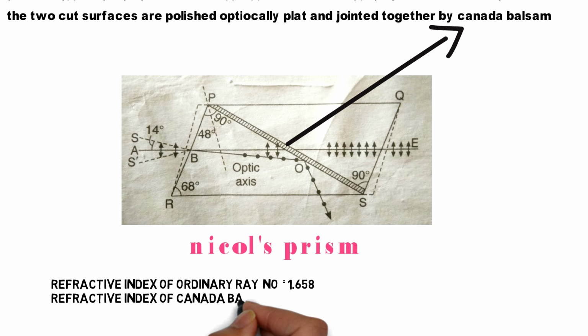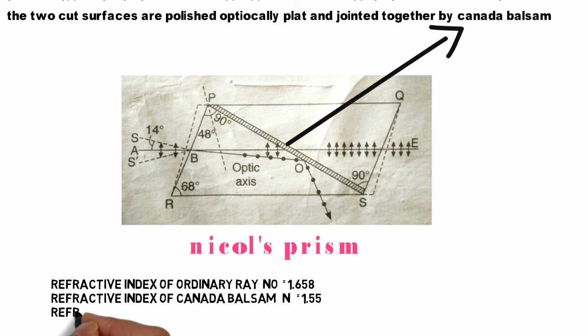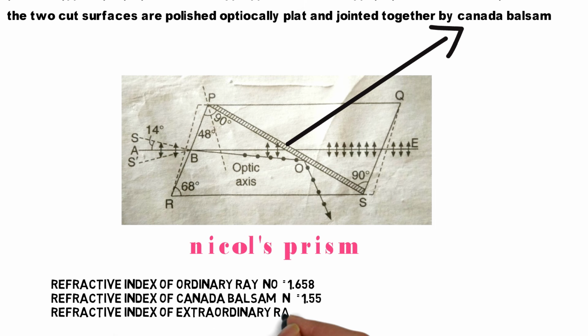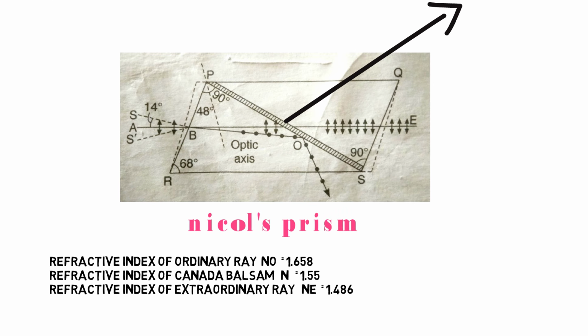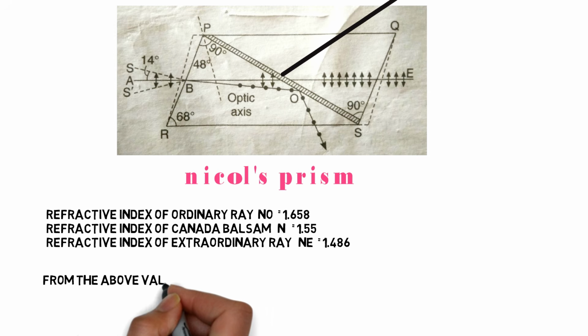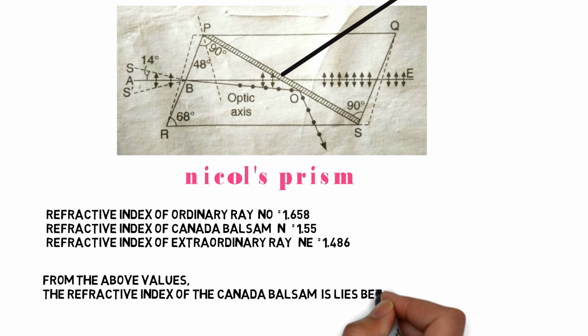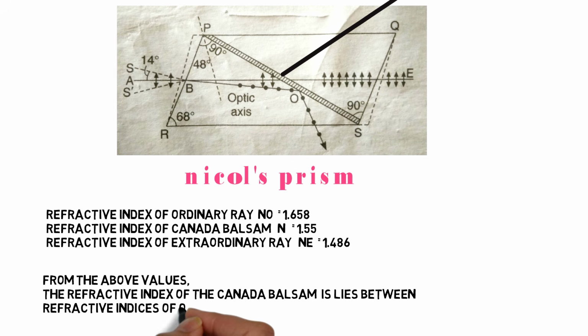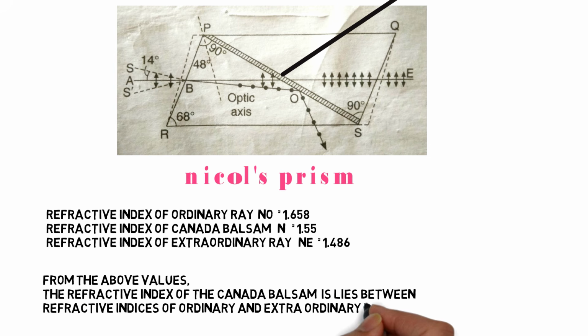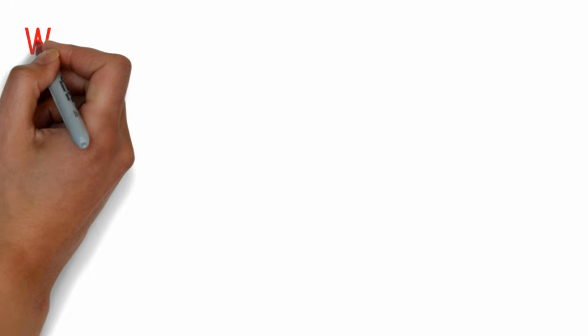Refractive index of Canada balsam N equal to 1.55. Refractive index of the extraordinary ray N_E equal to 1.486. From the above values, the refractive index of the Canada balsam lies between the refractive indices of the ordinary and extraordinary rays. Now we see the working of the Nicol's prism.